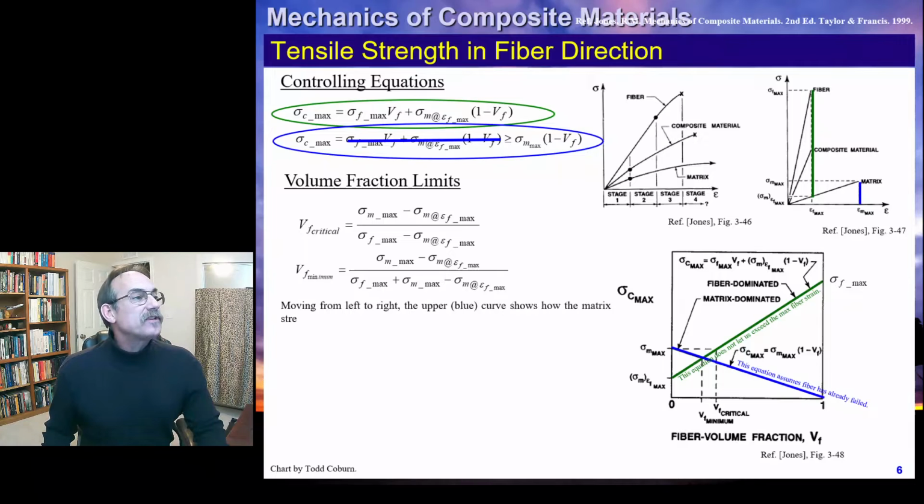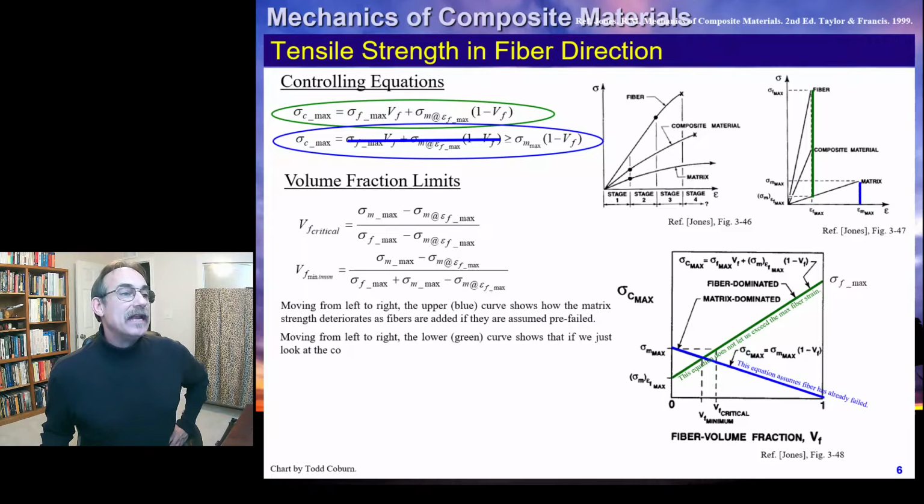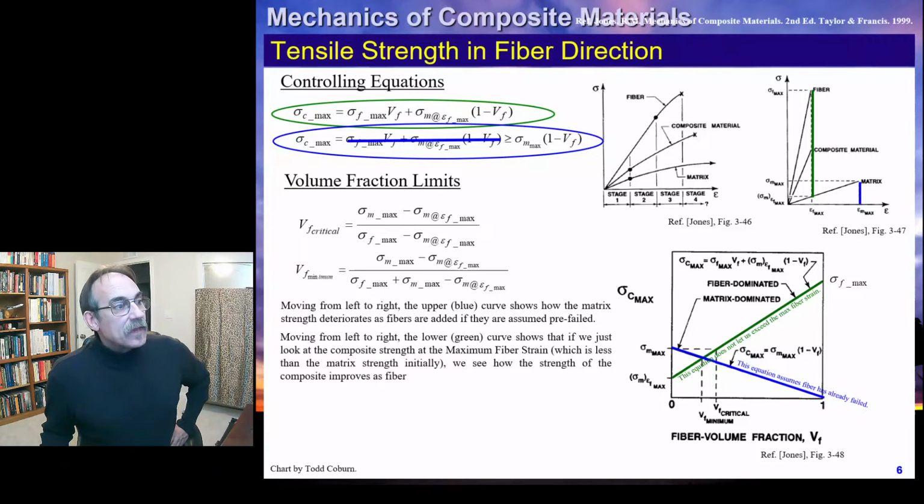If we move from left to right on the upper blue curve, we see how the matrix strength deteriorates as fibers are added if we are assuming that they have already failed. Also moving from left to right, but now on the green curve, which starts off lower at first, we're looking at the composite strength at the maximum fiber strain, which is less than the matrix strength.